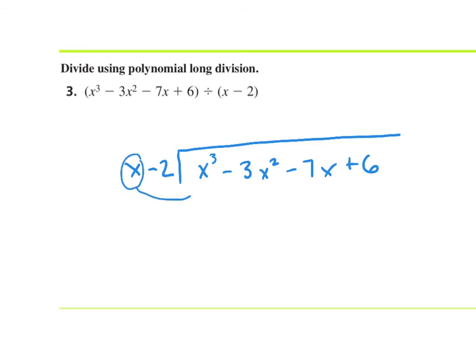What times x? Perfect. So this is x squared. Remember, our x squared lines up right on top of our x squared. What do we do next?